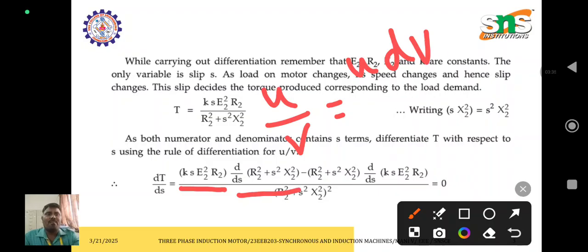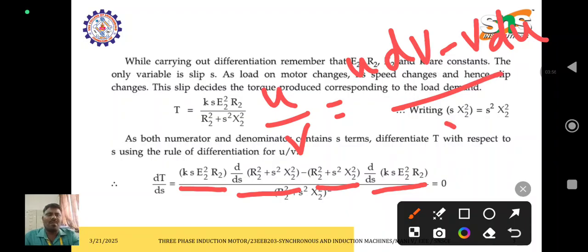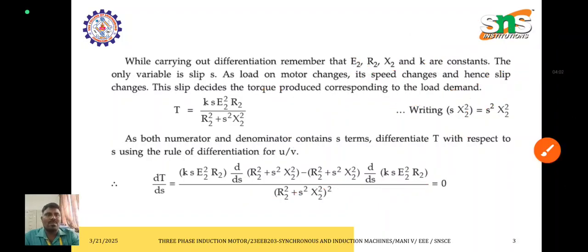And minus V into du: we keep V as it is, and differentiate U, that is the numerator part, divided by V square. The denominator is already V, so it should be squared, that is, the whole square.